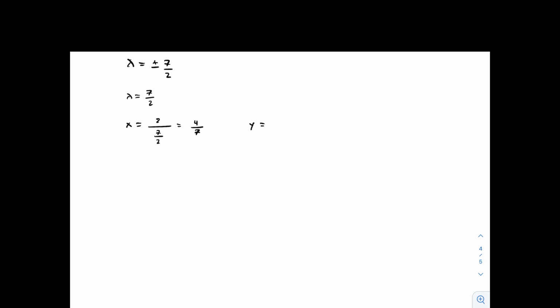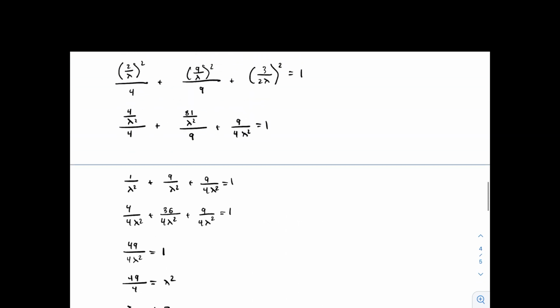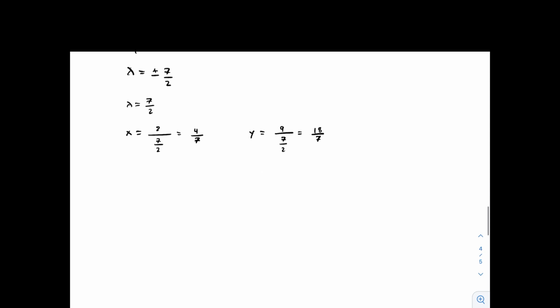Y will be 9 over 7/2, and this becomes 18 over 7. And lastly, z is going to be 3 over 2 lambda, and that's 3 over 7.